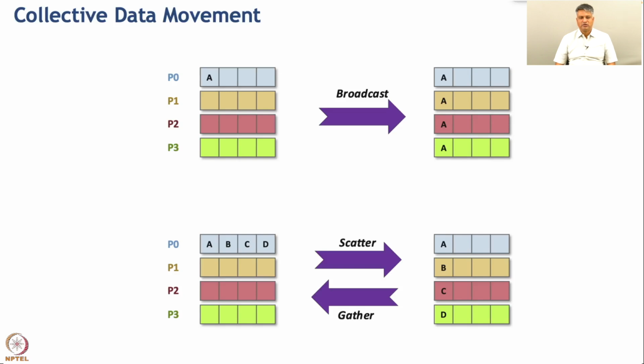Similarly, if you wanted to scatter a vector, for example, if process 0 had a vector which had 4 elements A, B, C and D, and you wanted to partition this vector in such a manner that you send B to process P1, C to process P2 and D to process P3, we then needed to do it correspondingly with 4 MPI sends and 4 MPI receives.